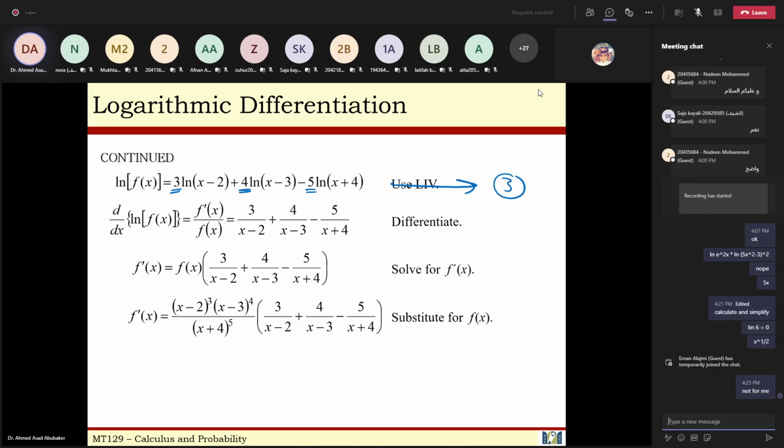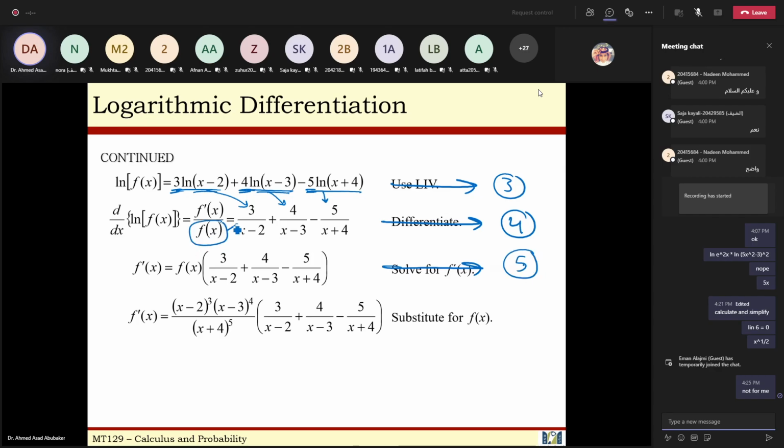The fourth step, find the derivative. This is the derivative, and this is the result of the derivative for 3 terms. Number 5, we must multiply by f of x.